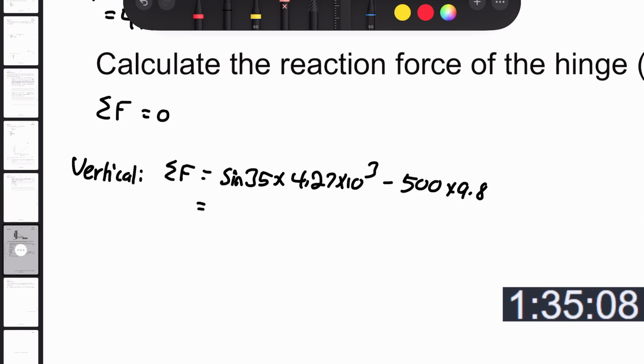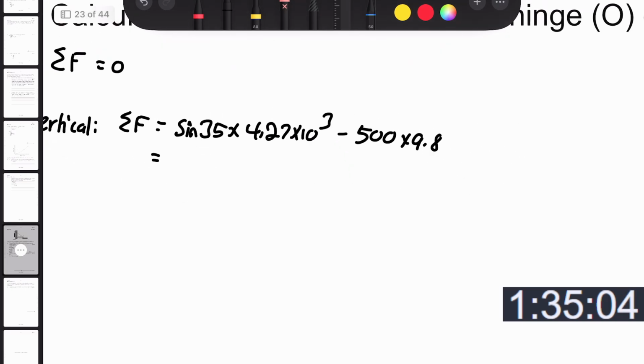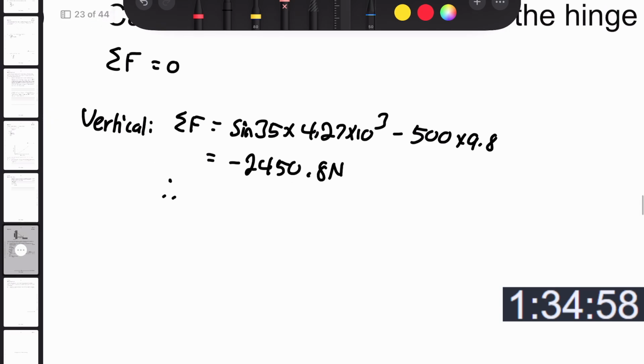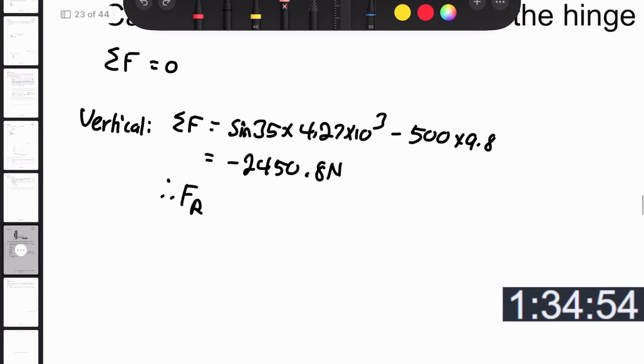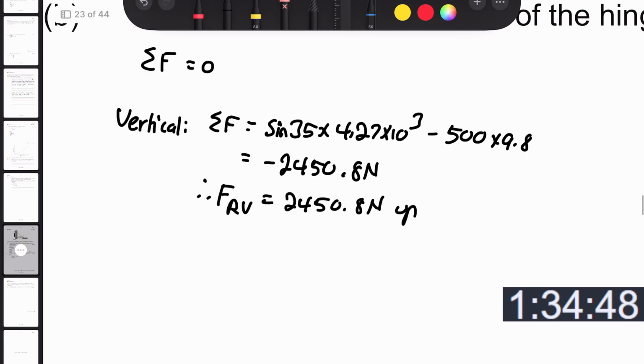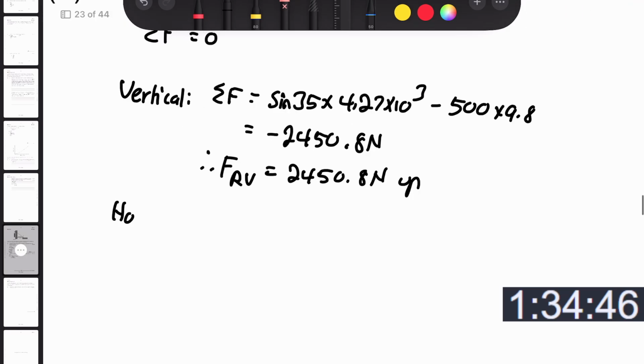So I get negative 2450.8 newtons. Therefore, the vertical force of reaction is going to be 2450.8 newtons up, and then horizontal.